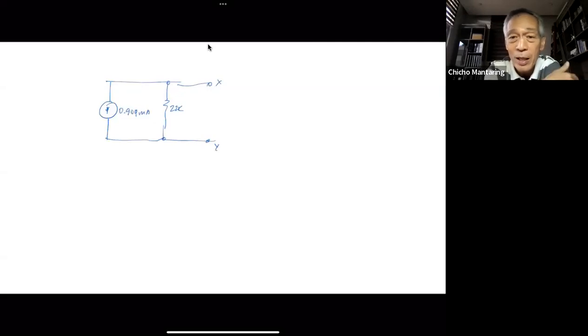So that's one way of doing it. But sometimes it's advantageous to get the Thevenin equivalent. Sometimes it's advantageous to get the Norton equivalent, depending on the problem that you're trying to solve. So for me, you should be equally comfortable getting either the Thevenin equivalent or the Norton equivalent. Okay, any questions?